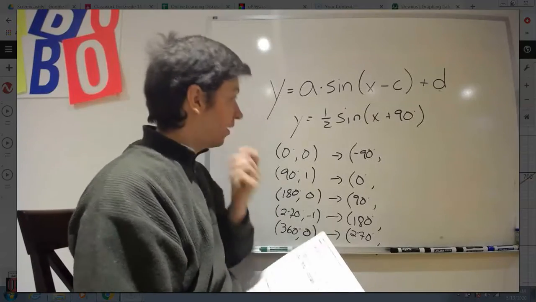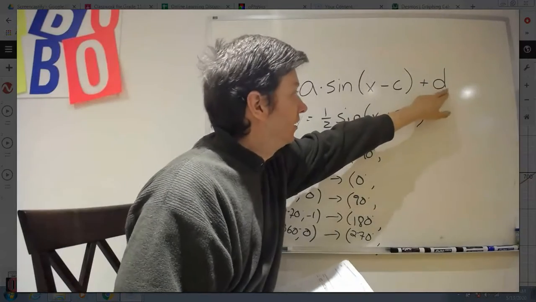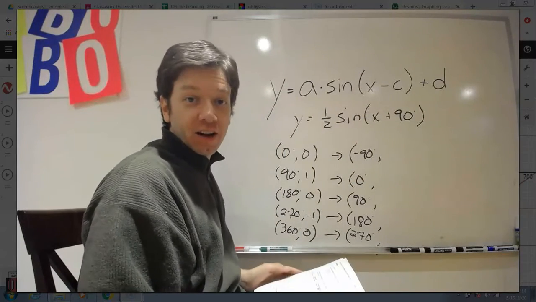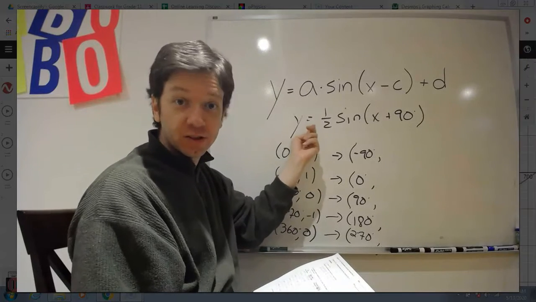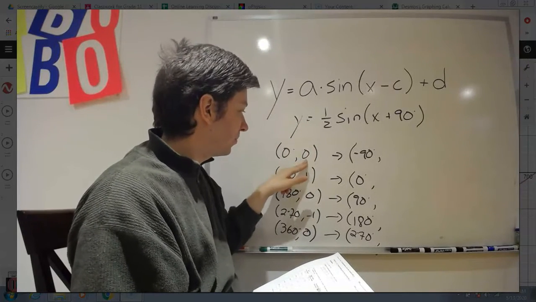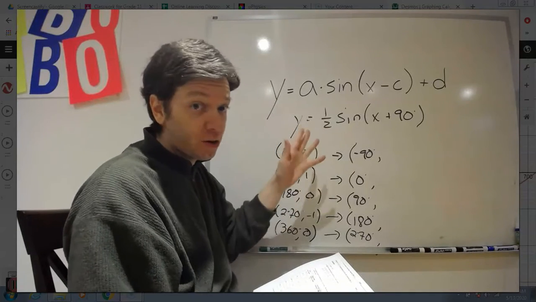Okay, well, what about our y-coordinate? Now, our y-coordinate is affected by two things. By D, our vertical shift, and by A, our stretch or compress. Now, in this case, it's 1/2, so it's being compressed, not stretched. But what we're going to do is multiply every term by A. That's all we have to do.